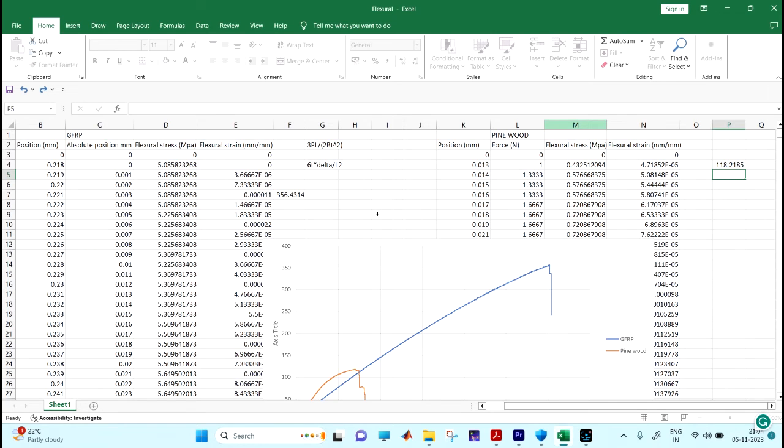So if you want to tell someone what you have learned today, the flexural strength of the glass fiber reinforced polymer is approximately 3 times that of the wood. We use glass fiber and carbon fiber because they have higher tensile strength and flexural strength, and like wood they are lightweight materials. Okay, friend.